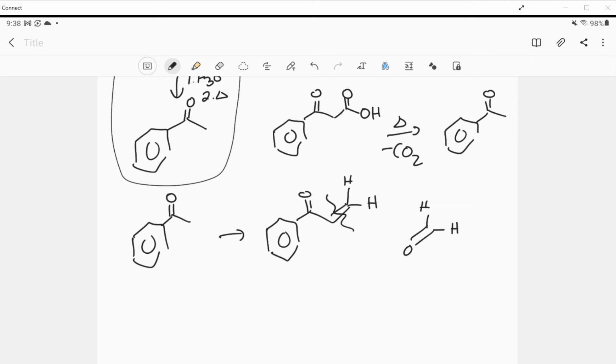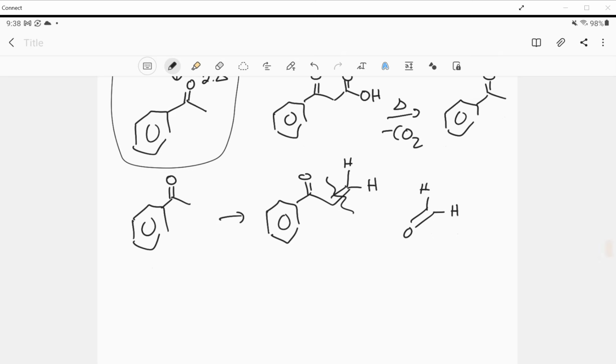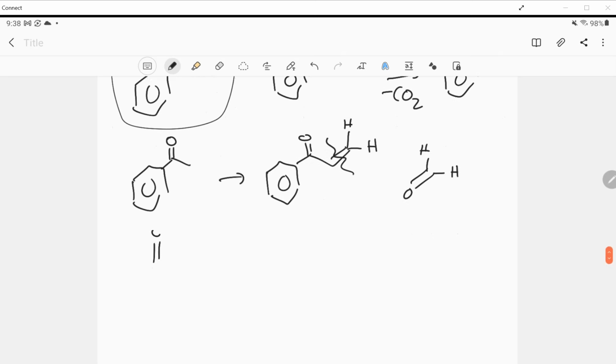here. So we can go ahead and use a milder base. What we would want to do is put in our aldehyde that has no alpha protons. We will put in our base, and then we will put in our ketone.